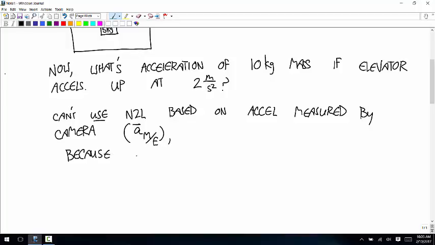And we can't do that because it's non-inertial. The origin is accelerating.